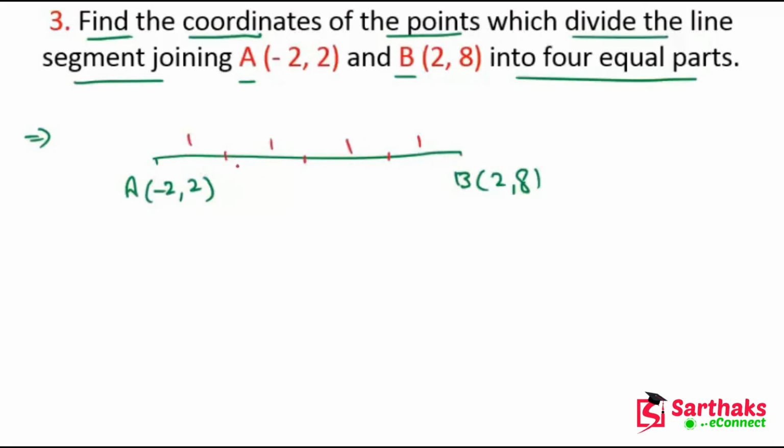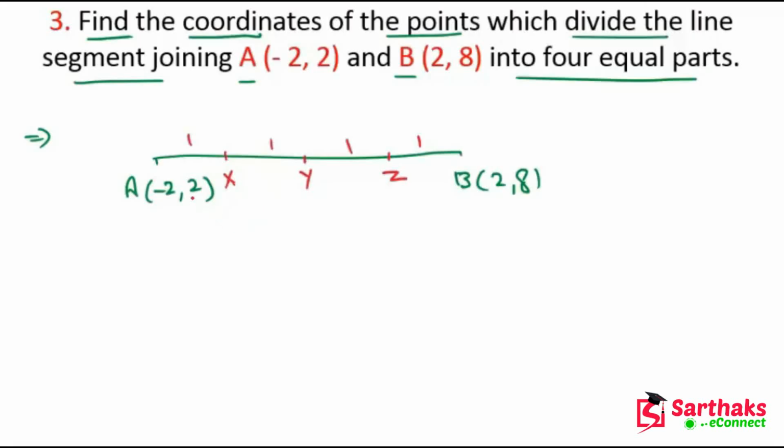Now, my dear friends, let's suppose these division points are x, y, and z. We have to find these coordinates x, y, and z. First, let's find the point x.